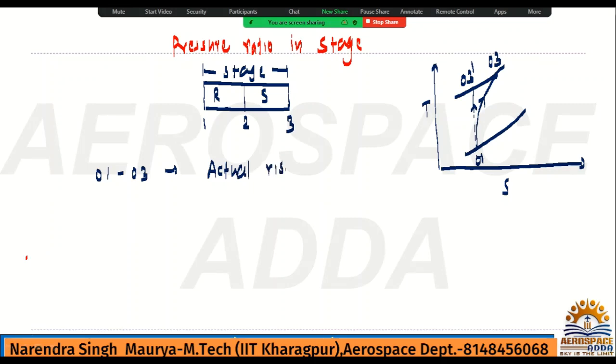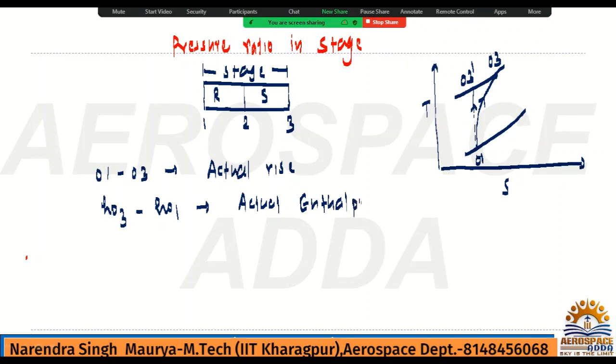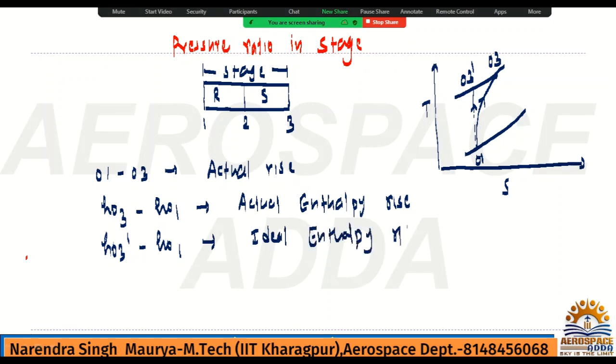In terms of enthalpy, what is the actual rise in enthalpy? H03 minus H01. It is the actual enthalpy rise, because in compressor what happens? In compressor enthalpy will rise, enthalpy rise means temperature rise, yes or no? And H03 dash minus H01 is the isentropic enthalpy rise, or I can say ideal enthalpy rise.